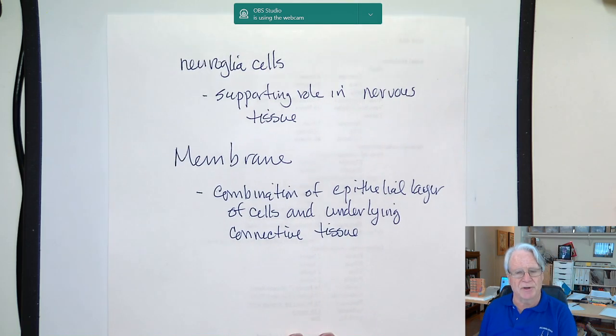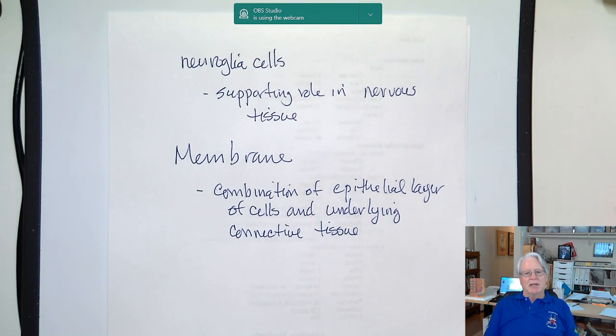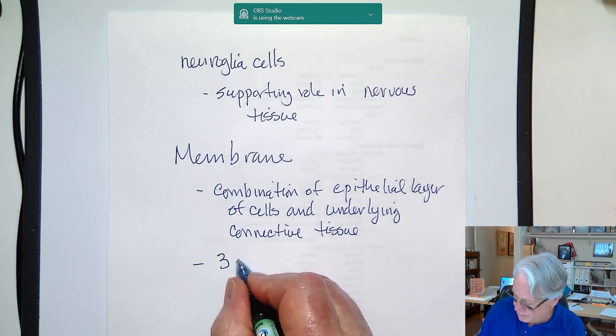Does that sound very familiar? Because when we talked about epithelial tissues, this is how we described it: a layer of cells supported by a basement membrane. That's a membrane. So there are three principal types.